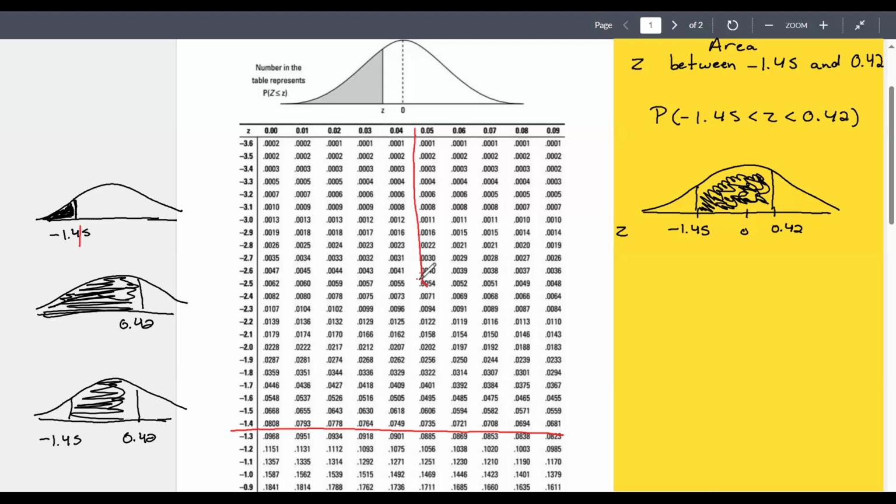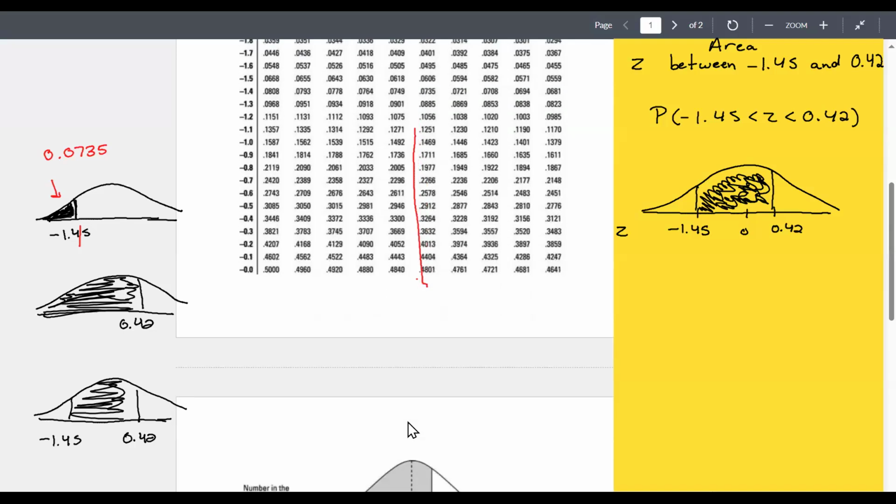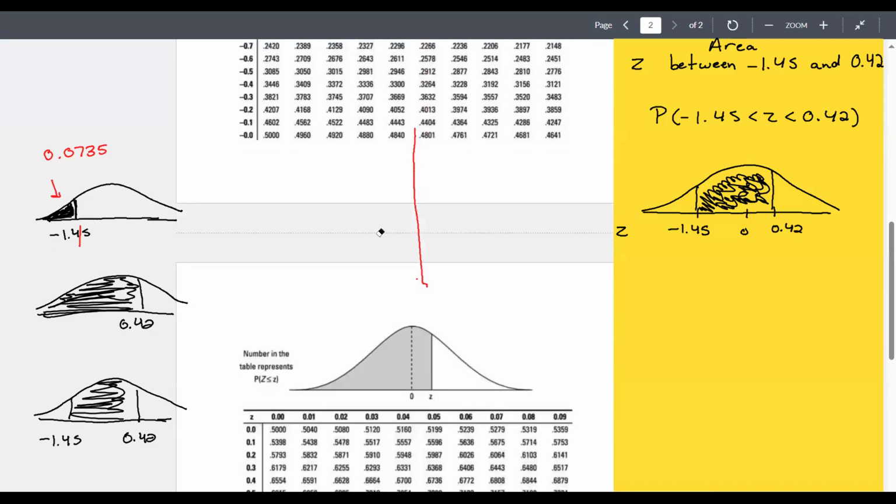Sorry, kind of caught my board there for a second. And we're seeing that this is that area. So this area is just going to be 0.0735. All right, now we need my other area.